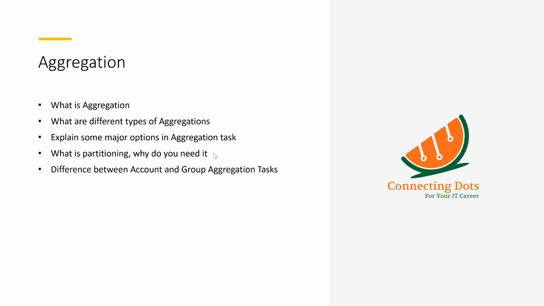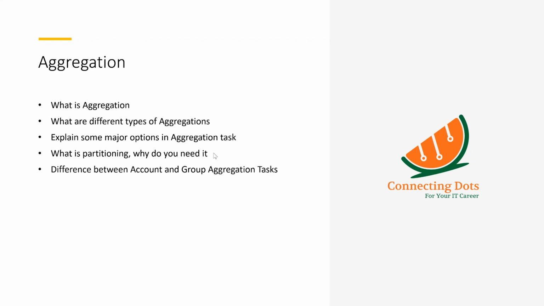So what's the difference between the account and group aggregation tasks? The account aggregation task is to read the accounts, or user data, in the application, whereas the account group aggregation task is used to read the group objects from the application. The user data object is also called an account.